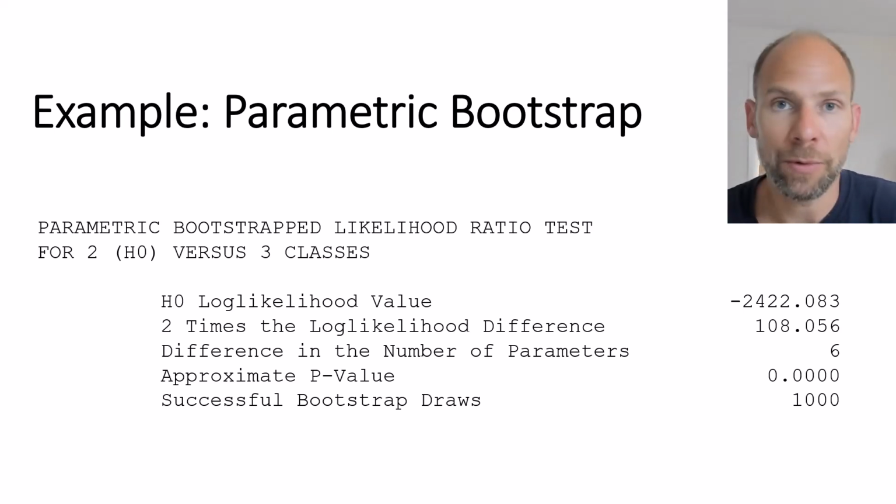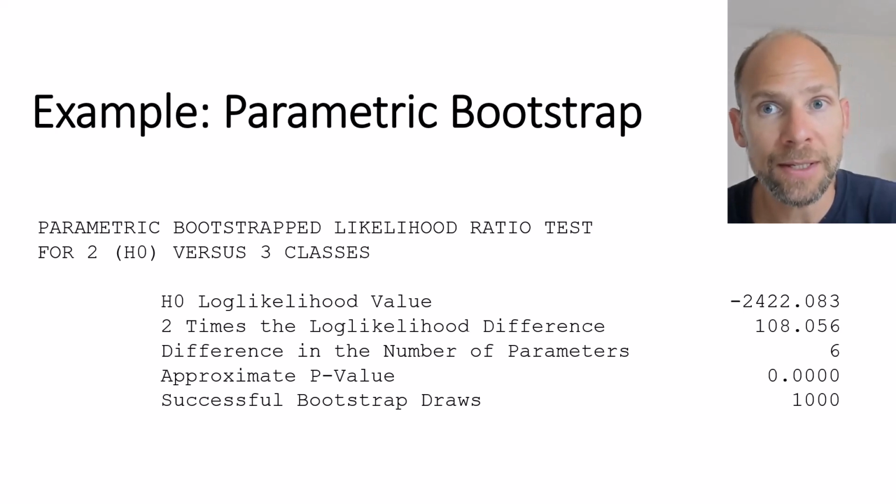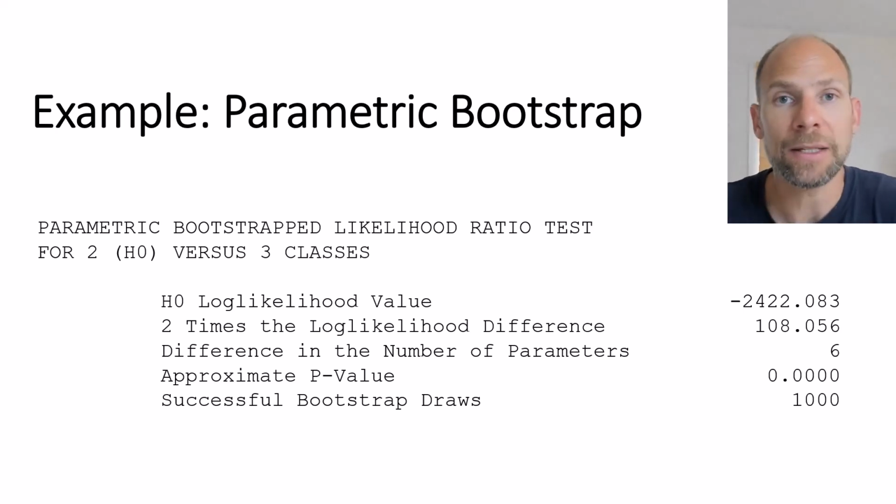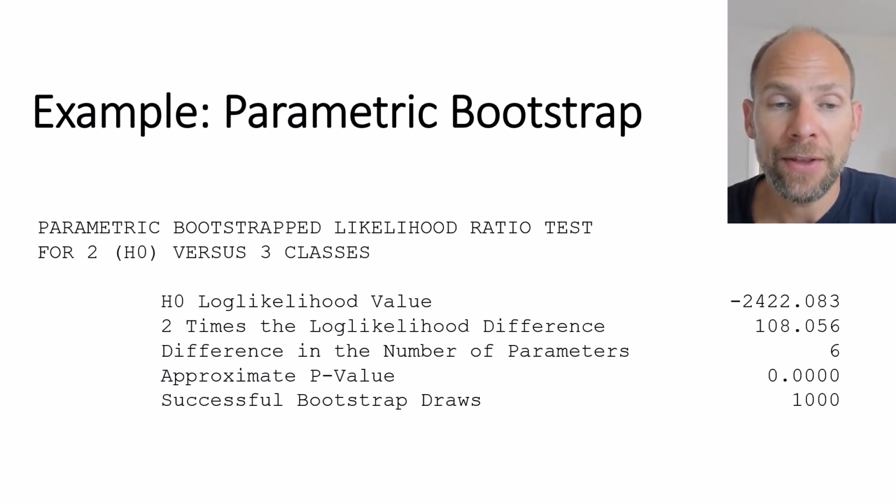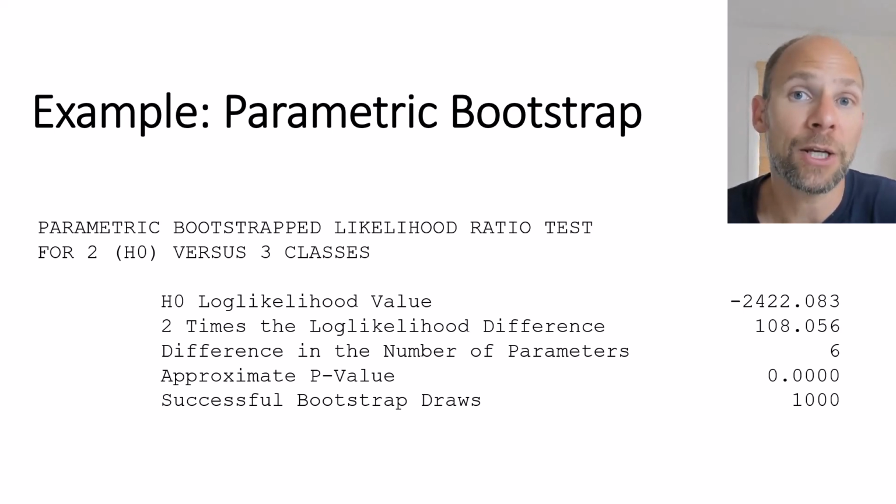The 2-class model would be the one under the null hypothesis, so that's the C-1 class model. And Mplus then gives us the log likelihood value for the 2-class model, H0, and 2 times the log likelihood difference. And 2 times the log likelihood difference is the delta G squared.